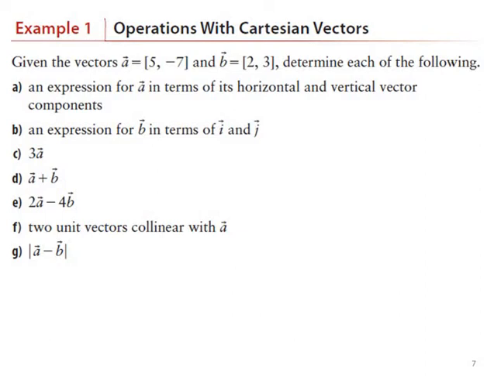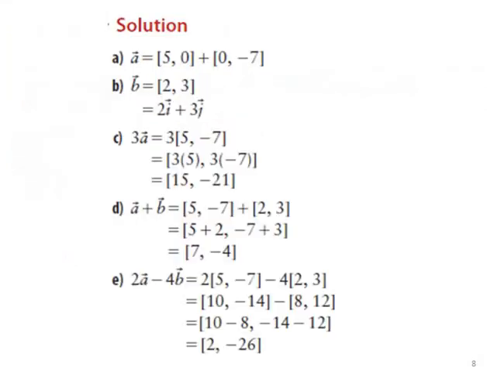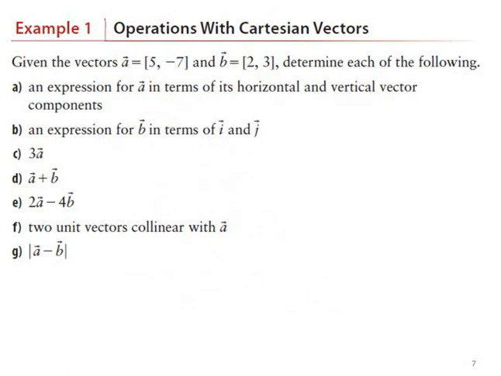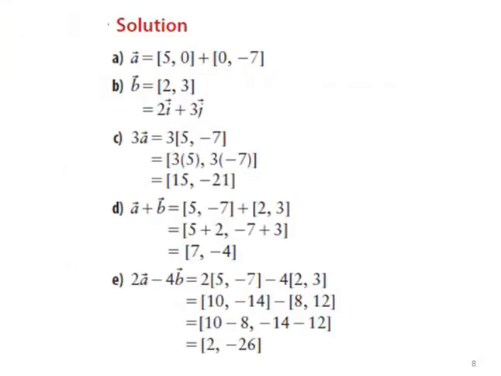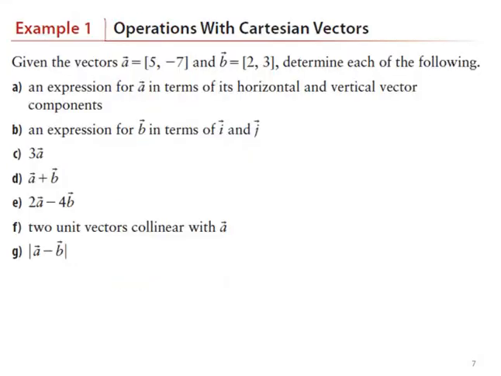So the vector a is [5, -7], it means that we have magnitude 5 in the x direction, and magnitude negative 7 in the y direction. So it's going to be a equals [5, 0] plus [0, -7]. Part B says, find an expression for b in terms of i and j. b is [2, 3], so it's going to be 2i plus 3j.